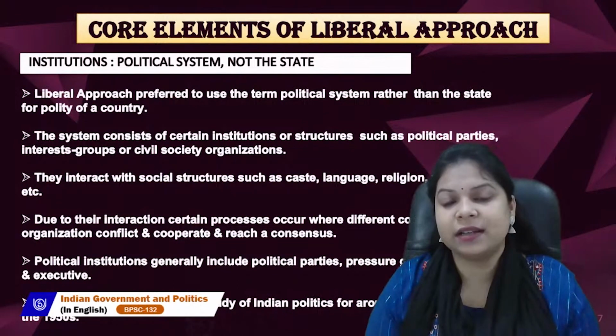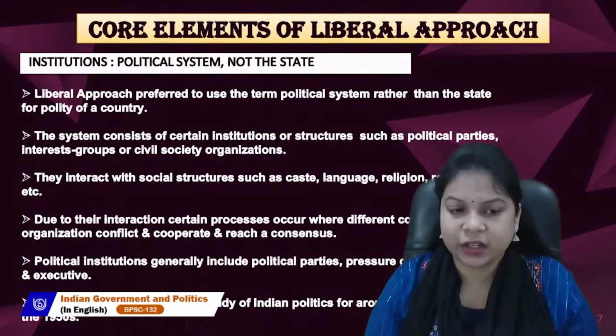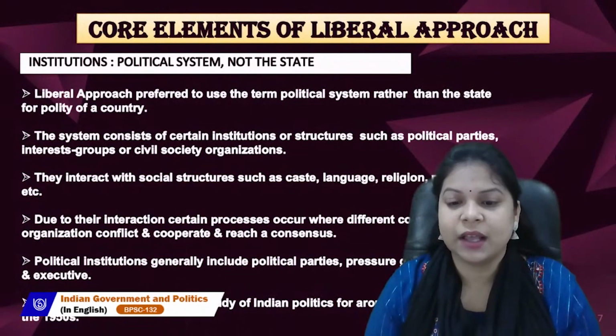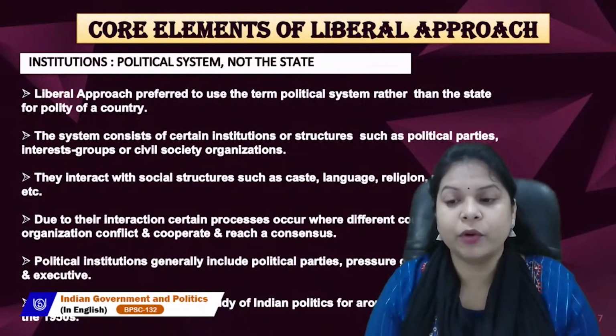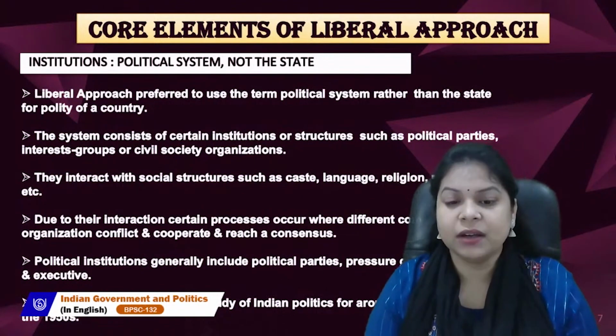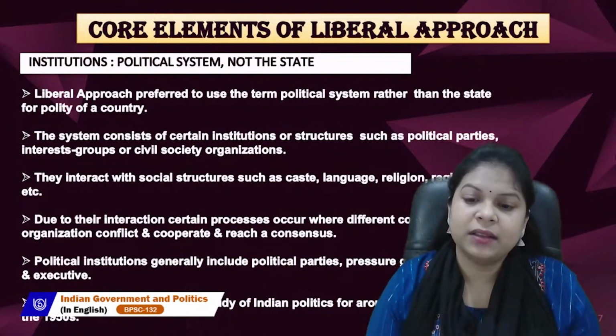Due to the interaction between these political institutions and social structures, certain processes occur where different components of an organization conflict and cooperate and reach a consensus. When they interact with each other, there is a scope of conflict.